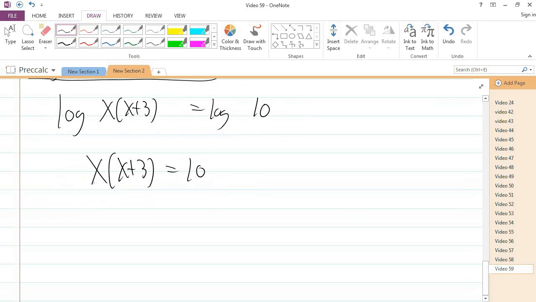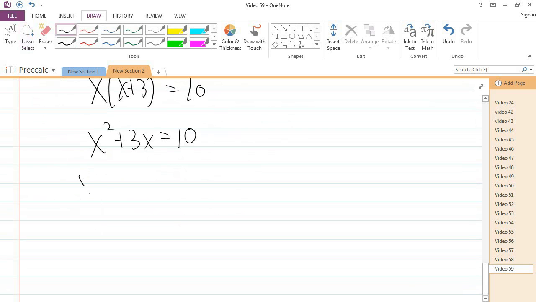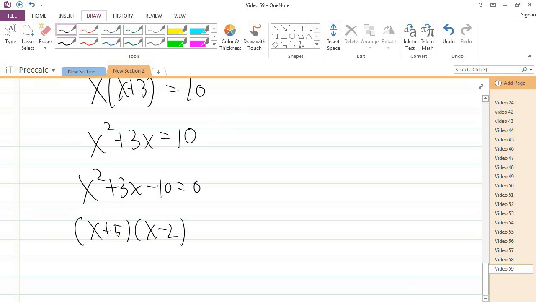The thing is that to solve this, I'm going to have to work with a quadratic. So I need to pull everything to one side and factor. Two factors of negative 10 that add up to 3: x plus 5 and x minus 2. So x is negative 5 or positive 2.